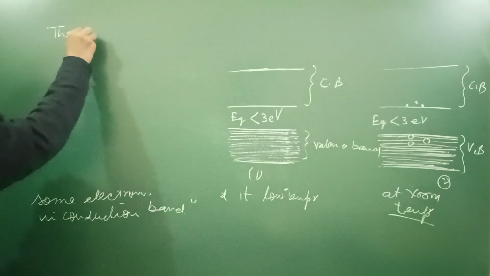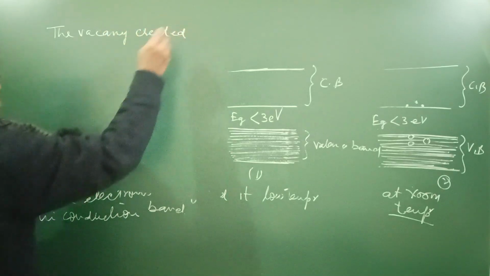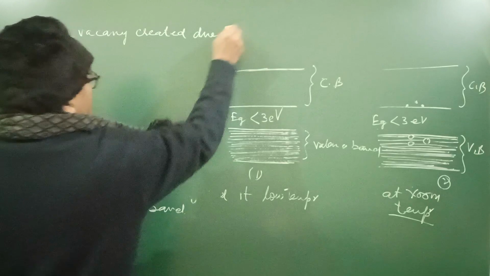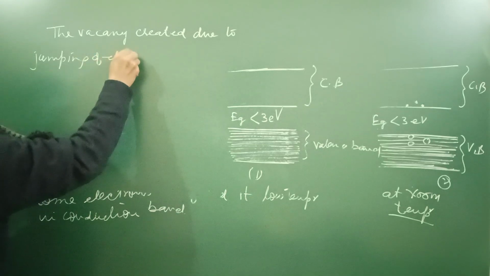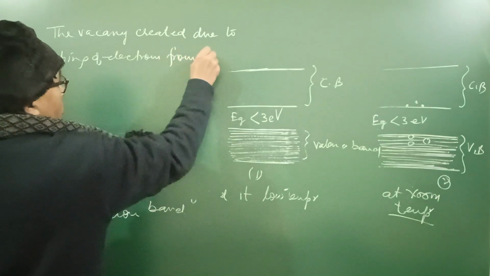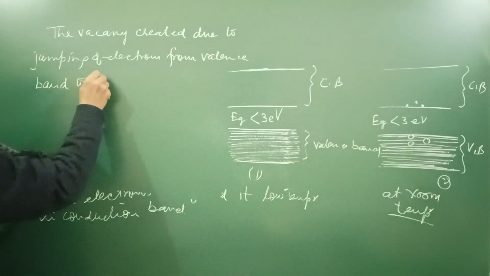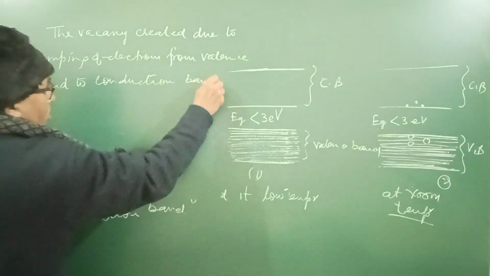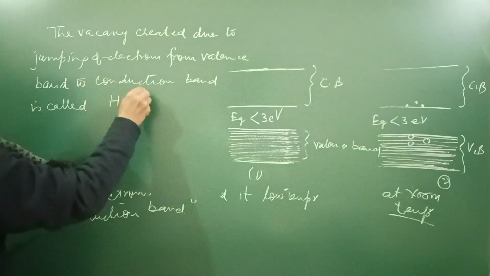The vacancy created due to the jumping of an electron from the valence band to the conduction band is called a hole, H-O-L-E.